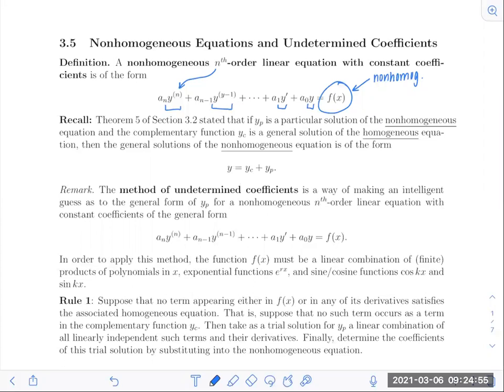Way back in section 3.2, we were introducing the idea of how to find solutions for non-homogeneous equations.